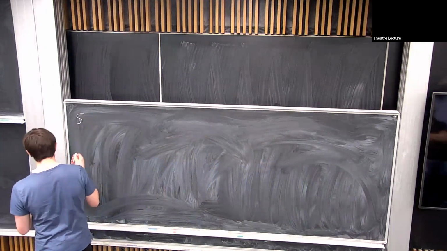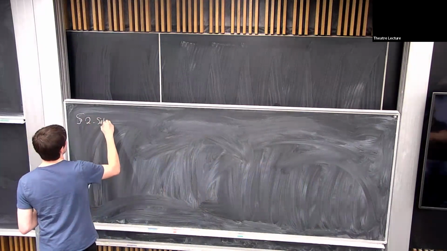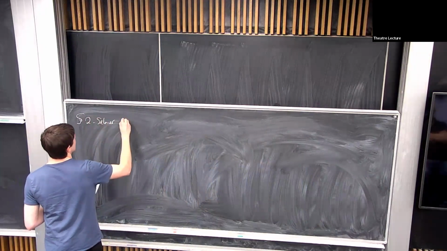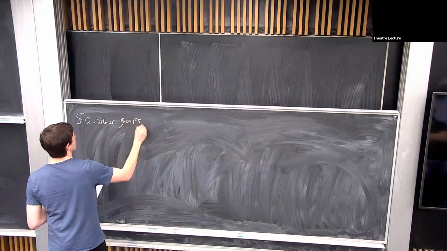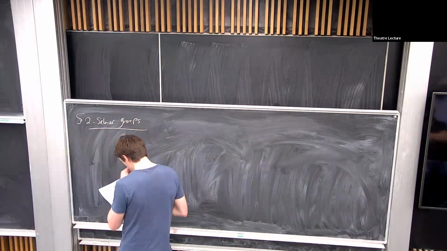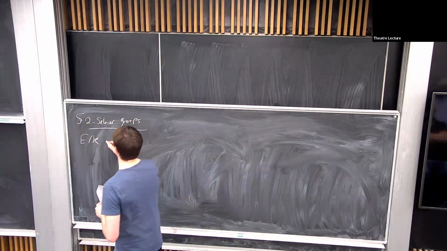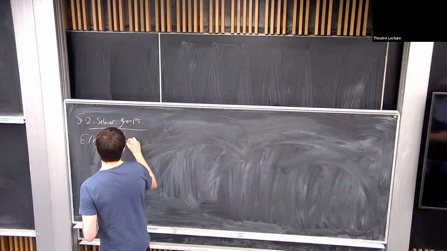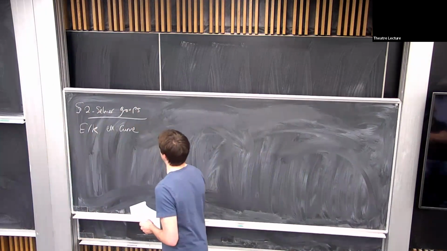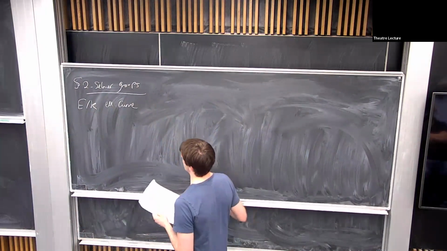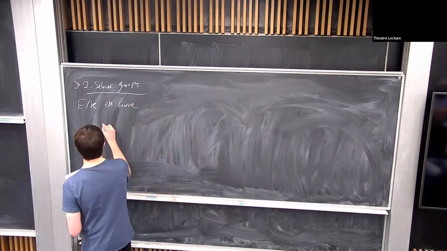For concreteness, I'll mainly talk about Selmer groups of elliptic curves. So you take an elliptic curve over your number field, then there is this famous exact sequence you can use to try and understand what the rank of this curve is.